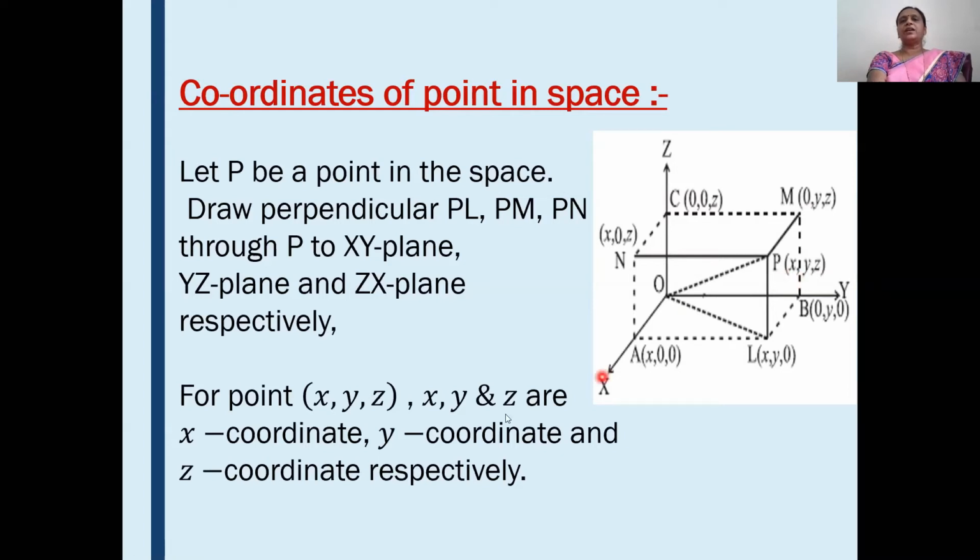These are the x coordinate, y coordinate and z coordinate of that point P. Means you take point P in space, and from that point you draw perpendiculars PL, PM and PN to the XY plane, the YZ plane and the ZX plane. Then these distances are nothing but the x, y and z coordinates of that point.